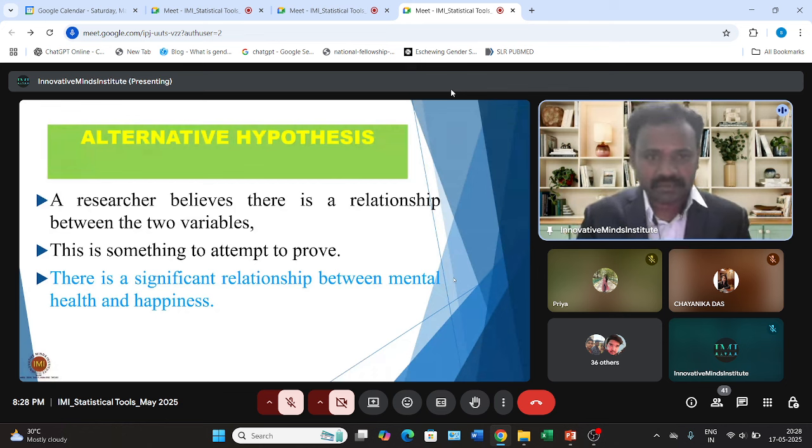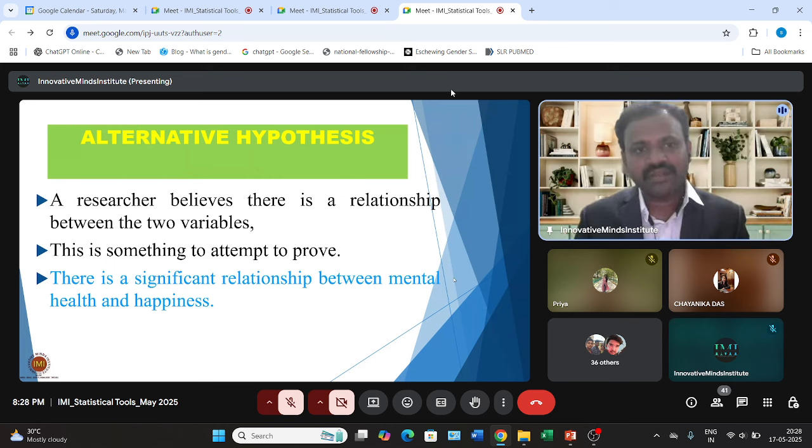So many experts are suggesting that you should go ahead with the alternative hypothesis. Why? You are doing quantitative research because you already have a strong theoretical background or strong literature background. Then only will you go for quantitative research. Then only will you go ahead with the hypothesis formation, right? If there is already existing literature, surely it will give you some direction, right?